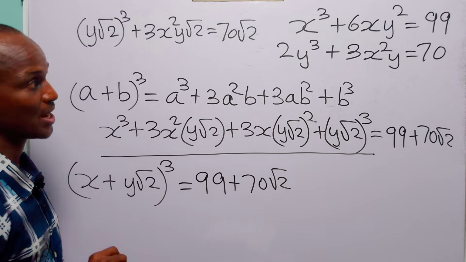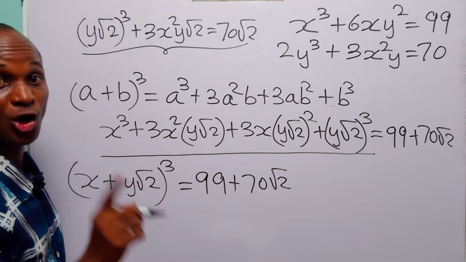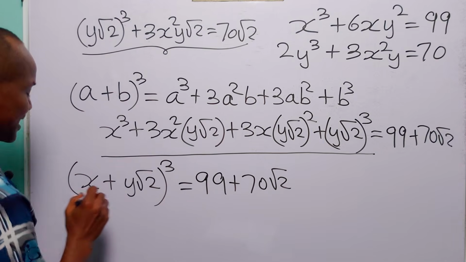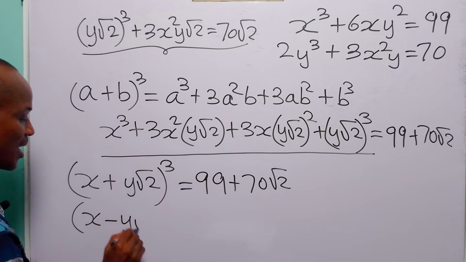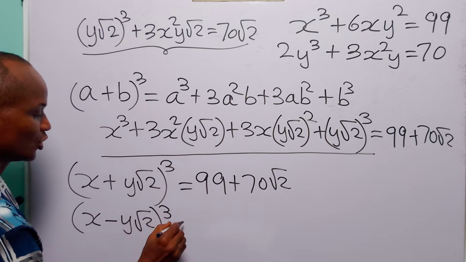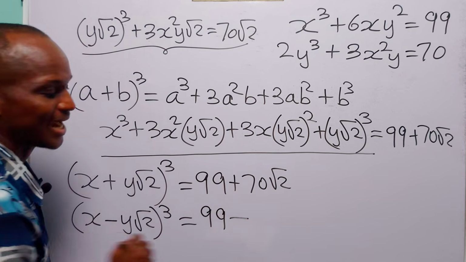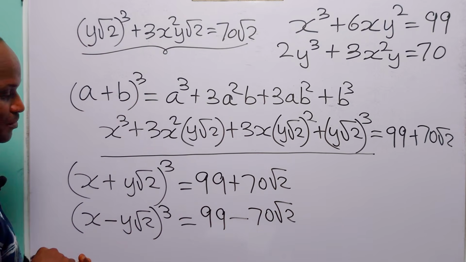Now, in the same way, if you subtract this modified second equation from the first equation, you get that (x minus y root 2) cubed is equal to 99 minus 70 root 2.